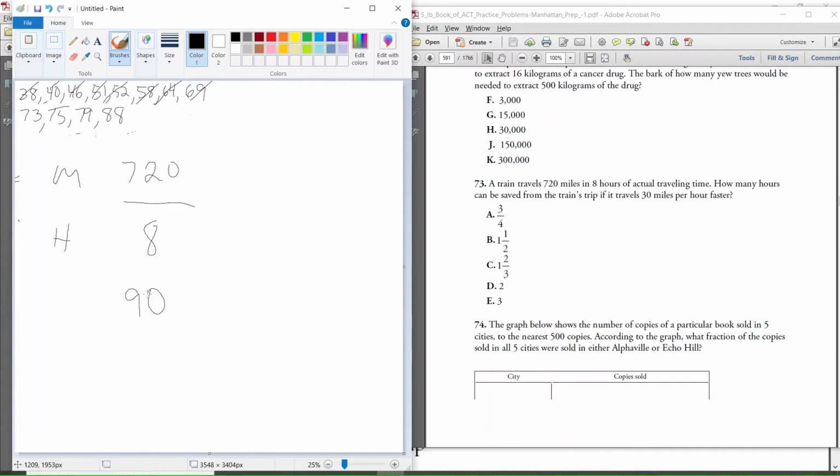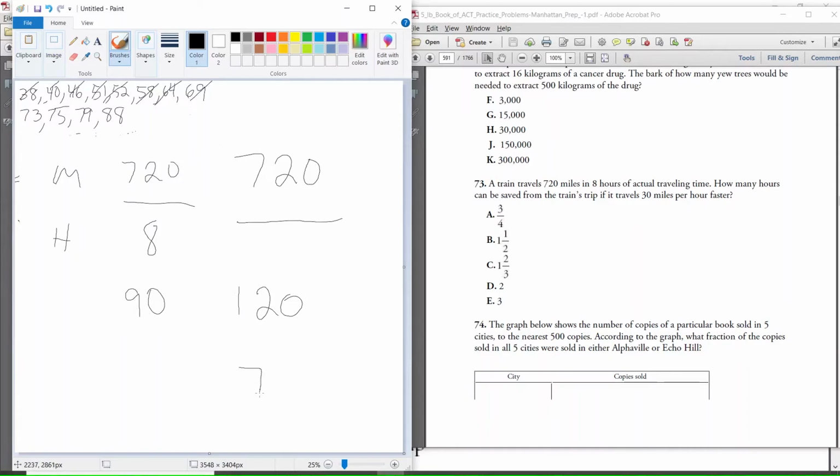So now the question is, how many hours can be saved from the train trip if it travels 30 miles per hour faster? So now it's going to travel 120 miles per hour. Well, it traveled 720 miles in 8 hours. So that's how much it has to travel, 720 miles. And if it's going 120 miles an hour, how much time is that going to take? Well, what is 720 divided by 120?